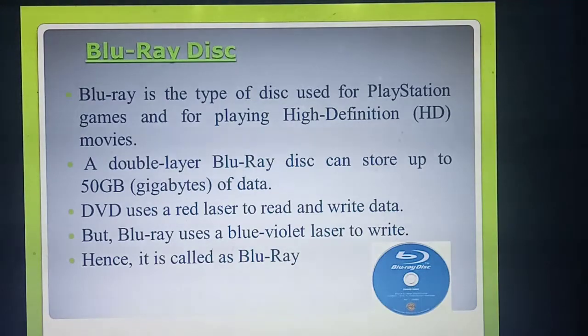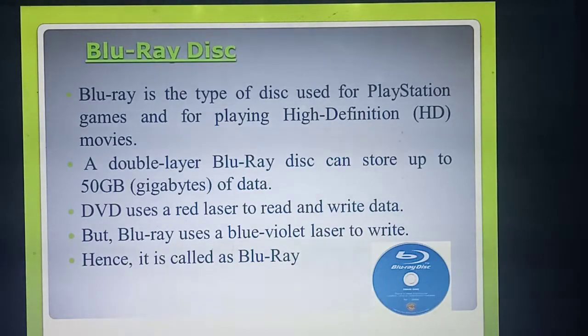Compare with CD and DVD: how is the data read or written? Using laser light. Using that laser light the data is written on the CD or DVD, and the system reads it. In the same way this Blu-ray disc also works, but instead of normal laser light to read and write data, the Blu-ray disc uses a blue-violet laser.